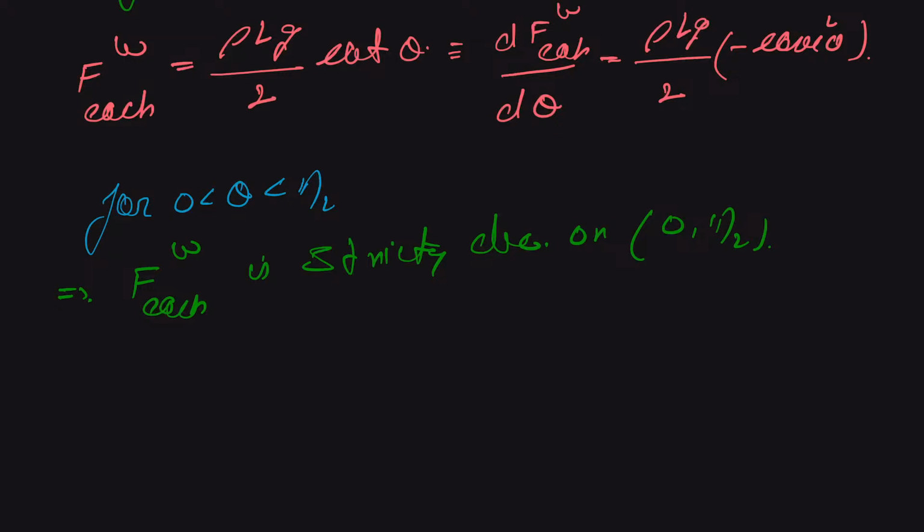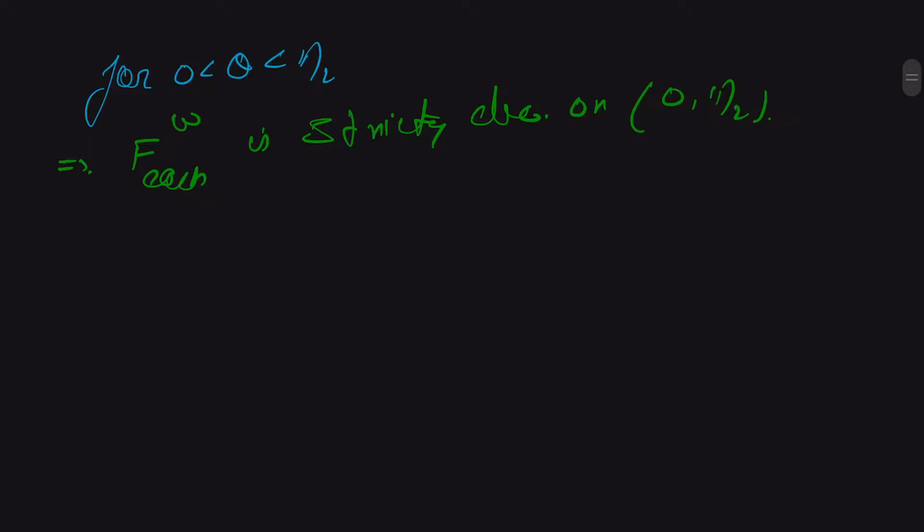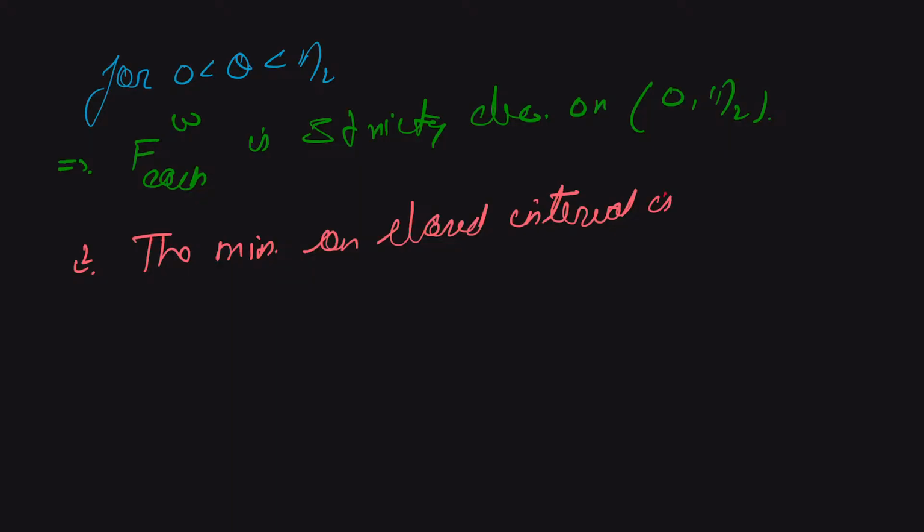So it is quite an easy conclusion from the trigonometry itself, and therefore we can also write that the minimum on the closed interval is at theta equal to pi by 2, because our cot of theta will be coming as equal to 0.